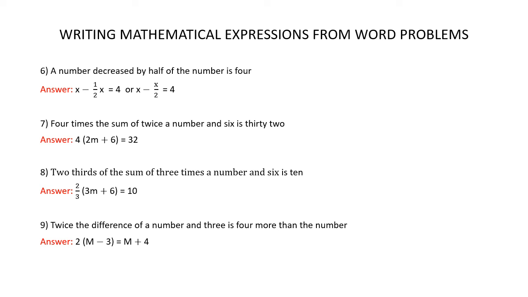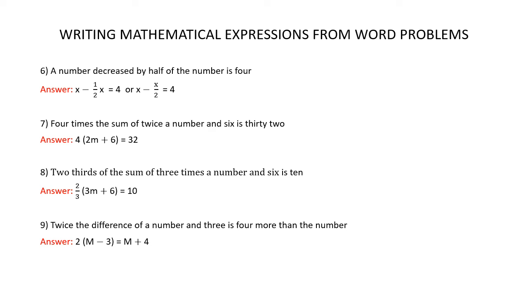A number decreased by half the number, so x decreased by x divided by 2, is written as x minus x divided by 2. That is given as 4. So a number decreased by half of the number is 4 is written as x minus x divided by 2 is equal to 4.